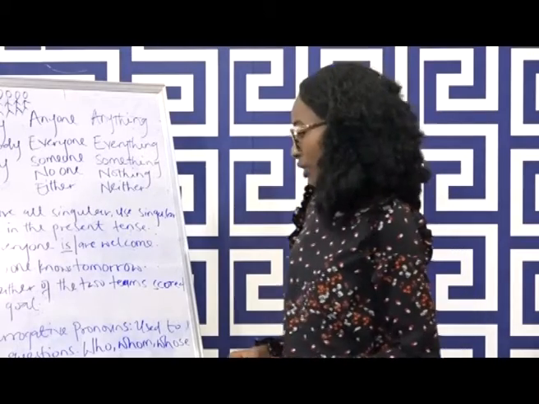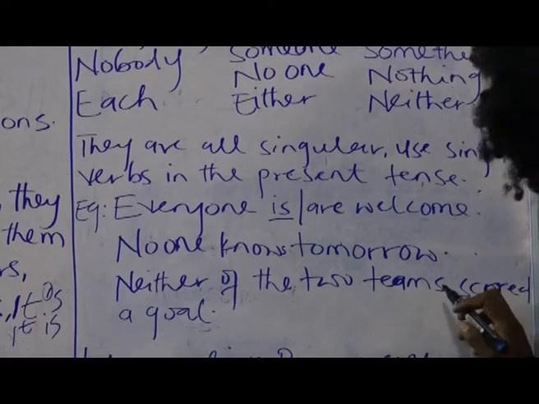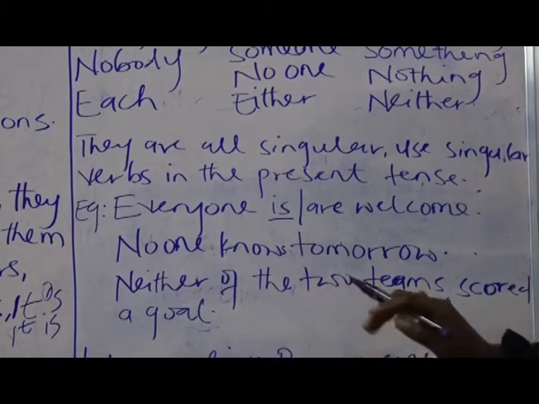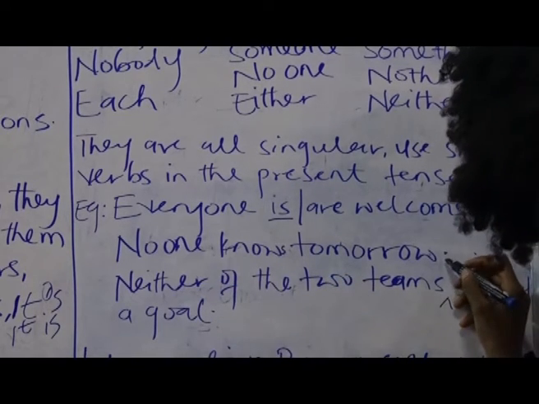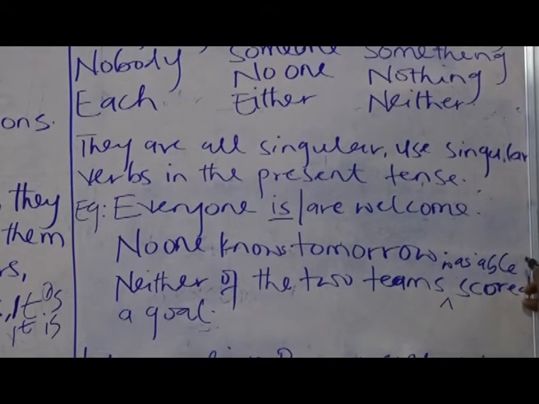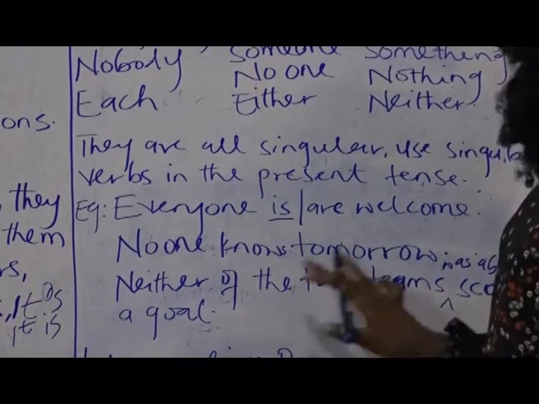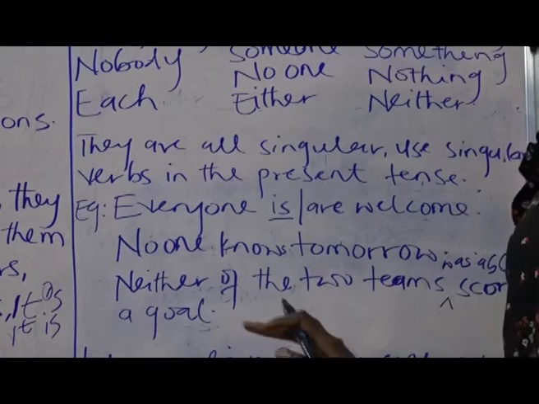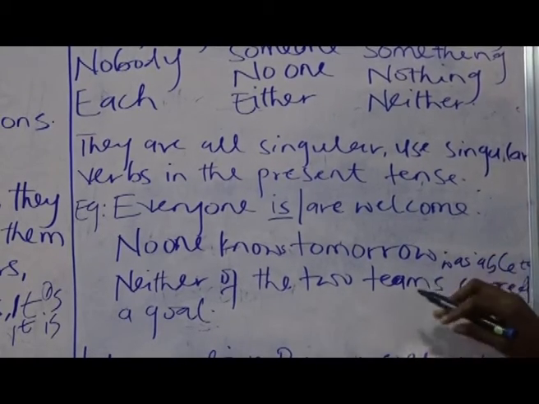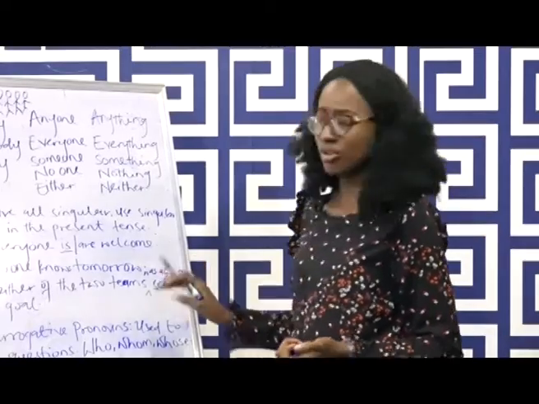Now, neither of the two teams. If you want to explain this when it comes to concord, neither of the two teams was able to score a goal. Now, this could get confusing because of the s here. You look at it and you say, how can you be using was for two teams?